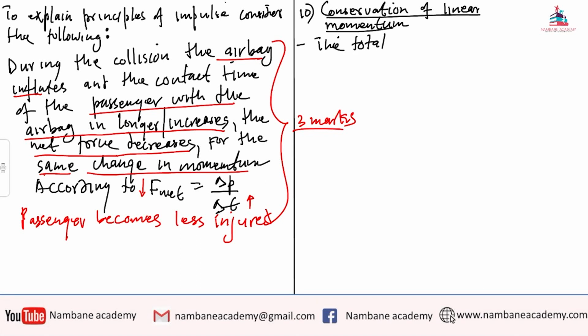Otherwise you are going to get funny definitions of the sum before and after. But the easiest way of getting the full 2 marks without losing everything is just to say the total linear momentum of an isolated system is conserved.